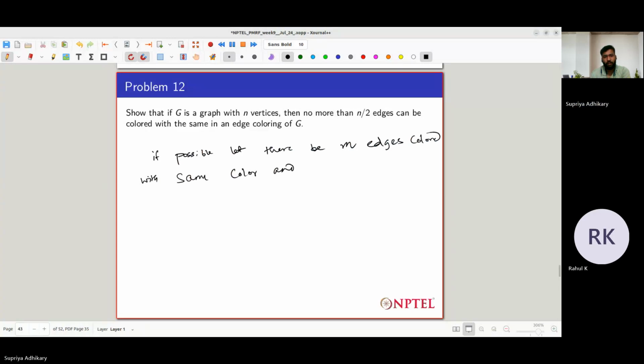where m is greater than n by 2. Now if this is true, then each coloring is supposed to be something like this.